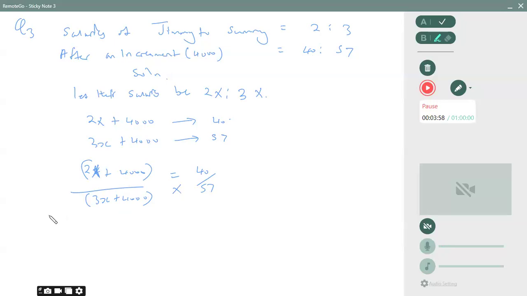So in this case, it will be 57 into 2x plus 4,000, equaling 40 into 3x plus 4,000. You work it out so that you are able to solve the value of x.